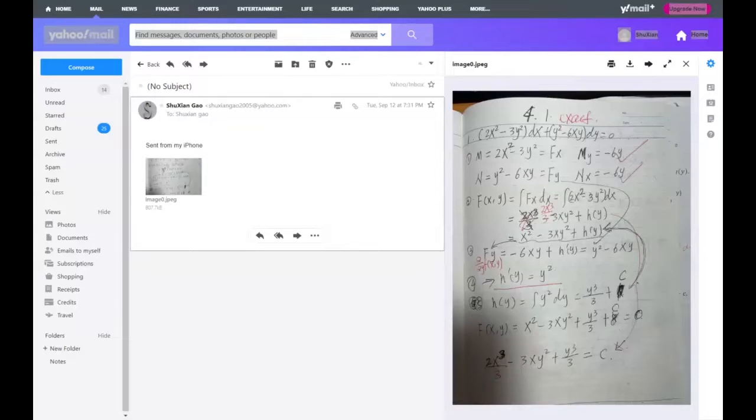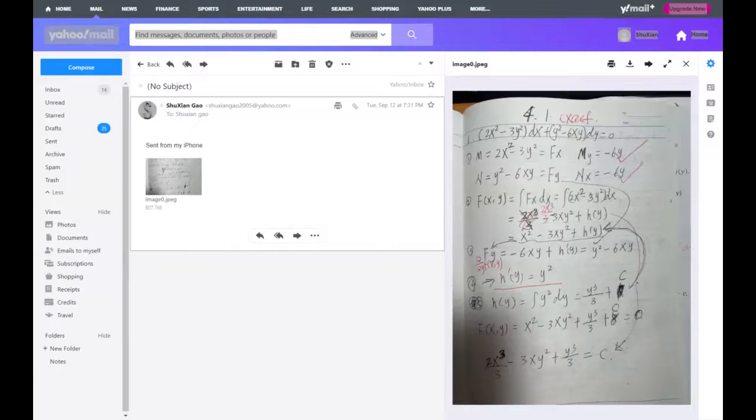When I integrate 2x squared minus 3y squared dx, first of all, I made a mistake and crossed this out. The correct answer is 2x cubed over 3 minus 3xy squared plus g(y), because I used xy instead, like the professor presented. So this one is okay.